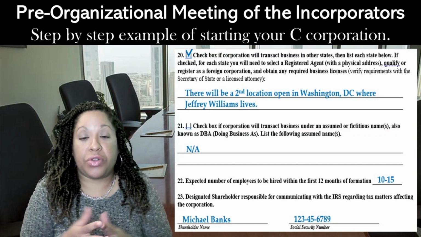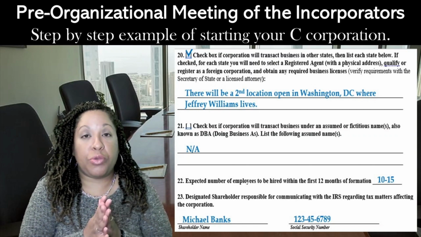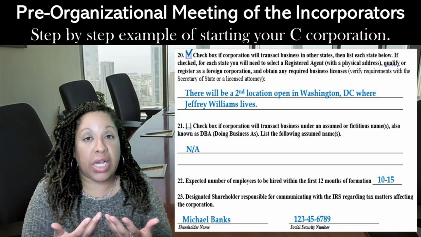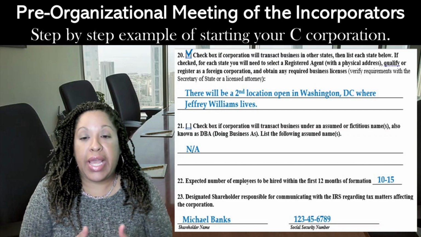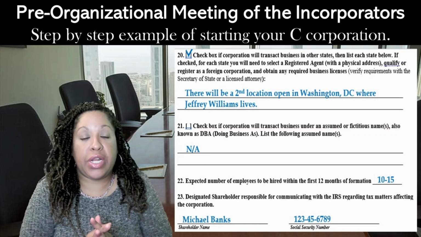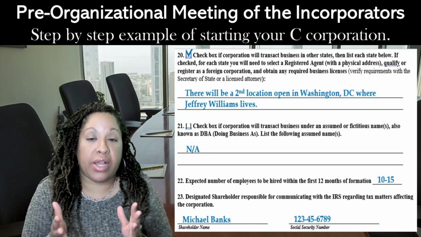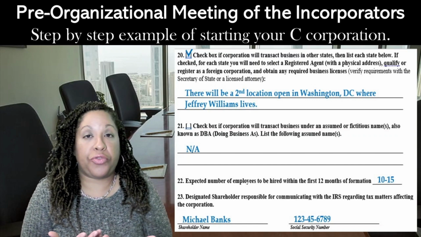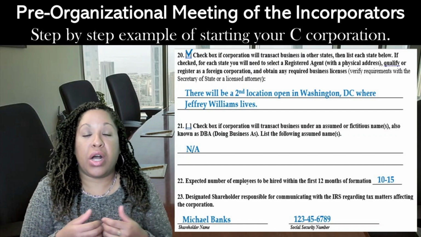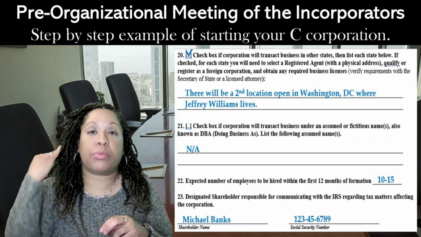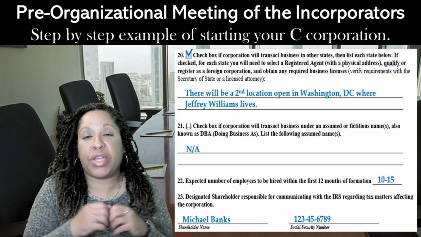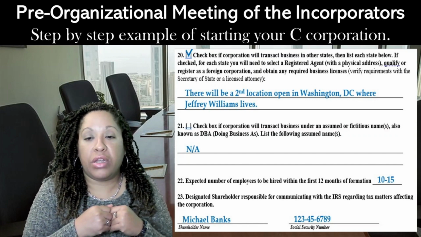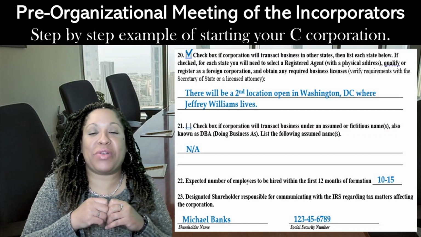So that means he's also going to be the go-to person for filing or communications when the tax returns are filed. And you have to have their social security number, because whenever you file a tax return for a business, it's going to require a responsible party or responsible person of contact, and they're going to want to make sure that person is in good standing with the IRS as well.